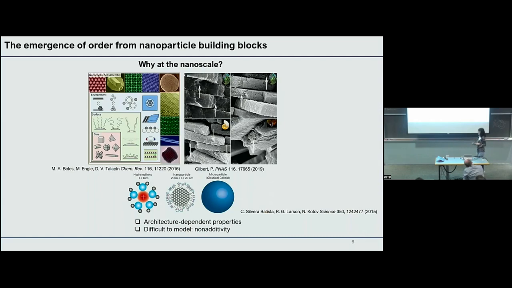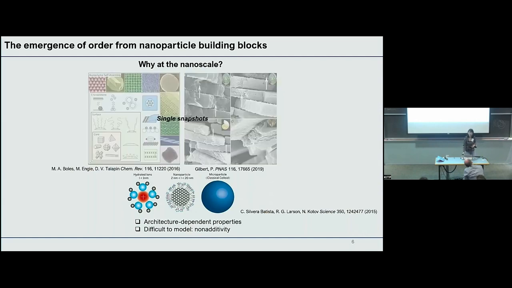But for a really long time, people didn't really know how those nanoparticles can actually form into the superlattice, usually out of a very well-dispersed suspension phase, undergoing random Brownian motion, and how they actually form into a crystal in the end. At the same time, modeling of these nanoparticle interactions is also not simple because they can have non-additivity.